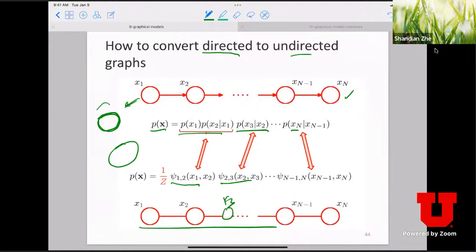So that means, okay, I got this, right? But that does not mean these two families are the same. They're not the same. My question is, are these two families of distributions equivalent or not? Can you convert a Bayesian network to a Markov random field and do the inverse? No, cannot do reverse.